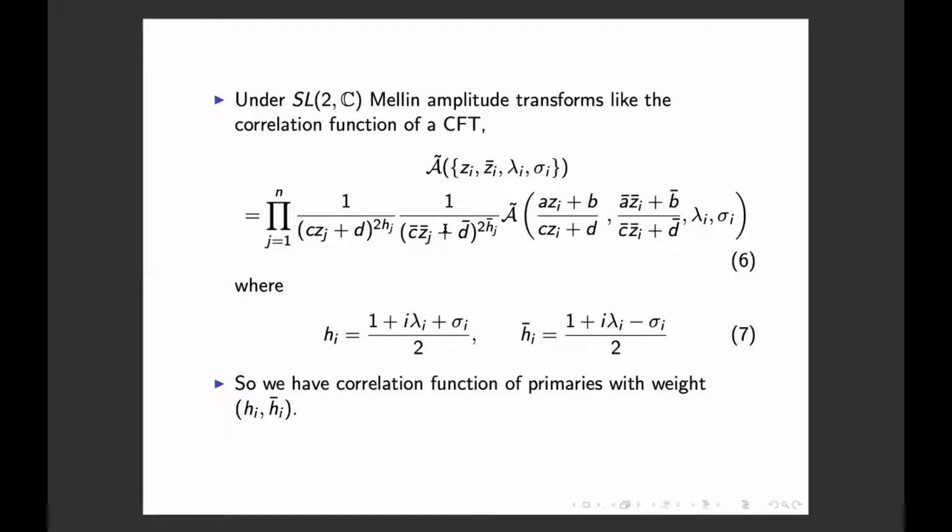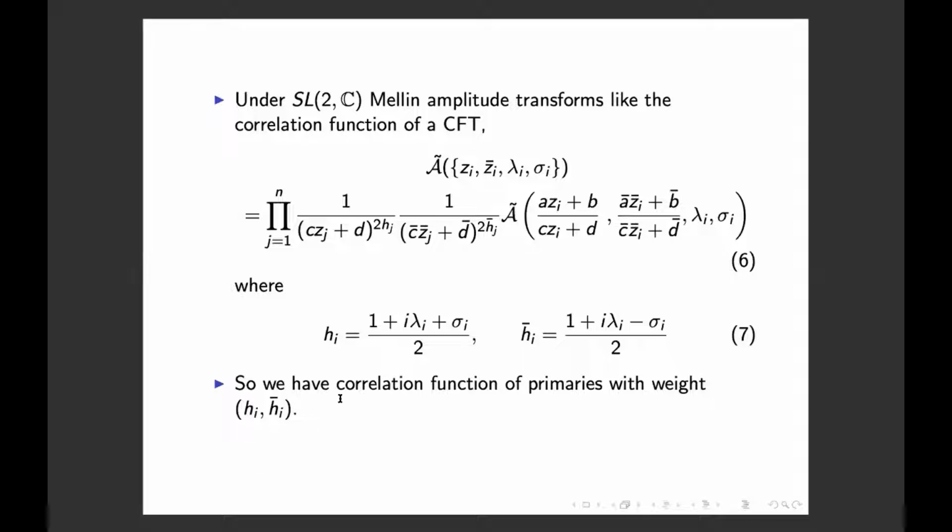Those prefactors we know actually come if you transform a correlation function of a conformal field theory. And I have defined this H and H bar, which is given in terms of the lambda and sigma.